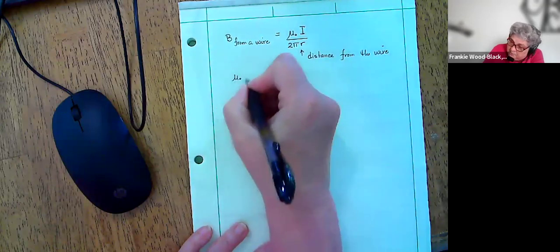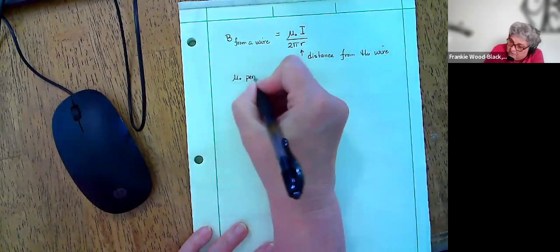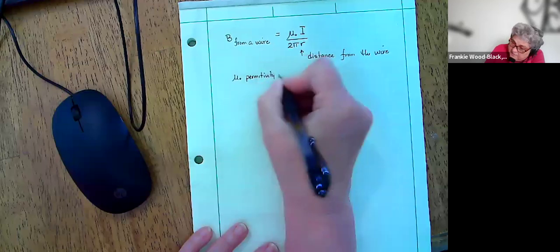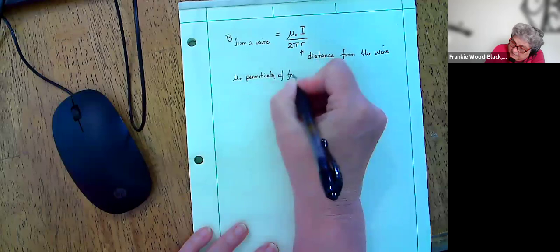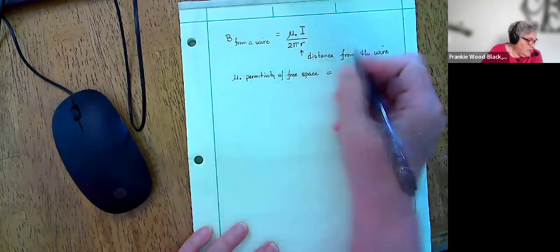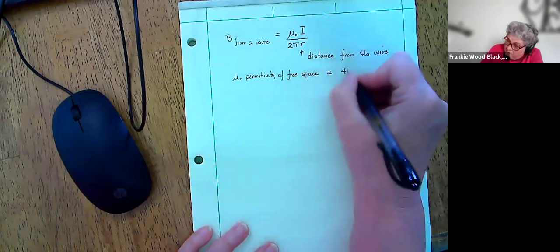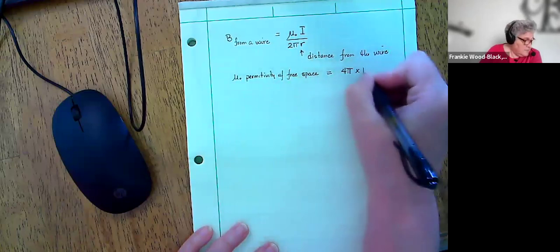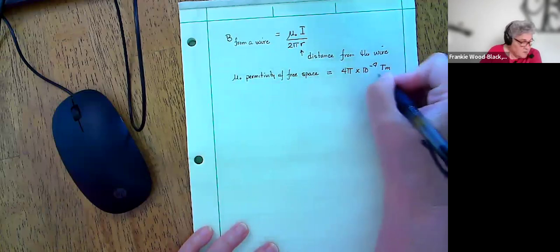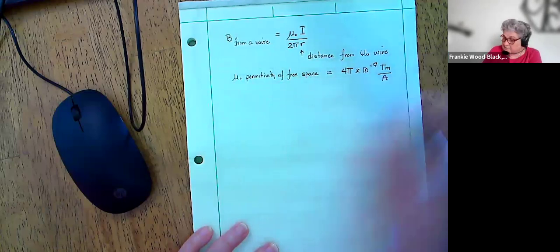Mu is considered the permittivity or the magnetic permittivity of free space. And this is going to equal 4 pi times 10 to the minus 7 Tesla meters per amp.